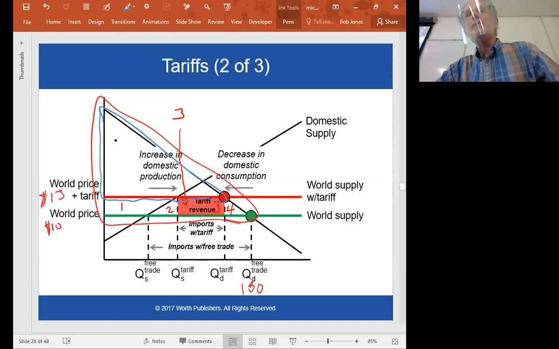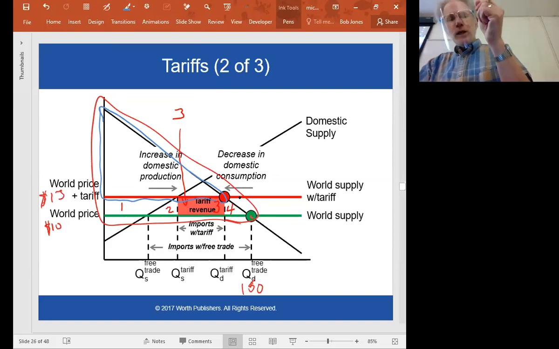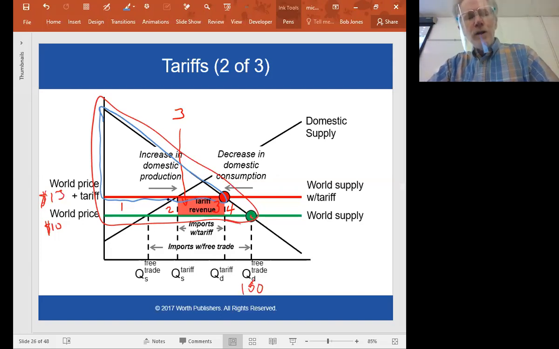So the difference between the two would be this area 1, 2, 3, and 4. So consumers are losing, and the amount of their loss is 1, 2, 3, and 4. So the effect on consumers is they're losing 1, they're losing 2, they're losing 3, and they're losing 4.